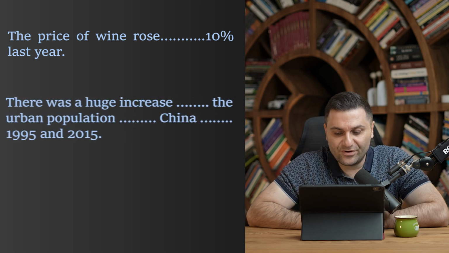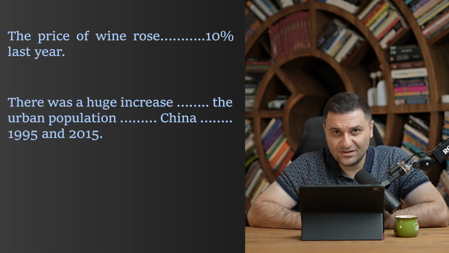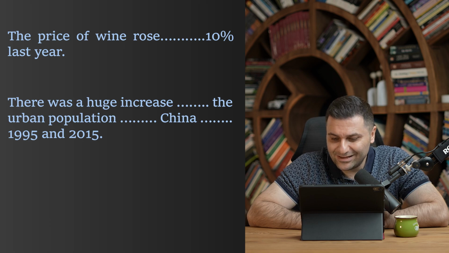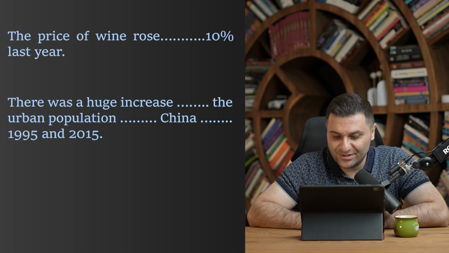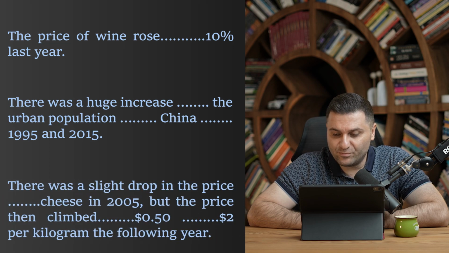Our second question: there was a huge increase blank the urban population blank China blank 1995 and 2015. And the third question: there was a slight drop in the price blank cheese in 2005, but the price then climbed again blank $50, again blank $2 per kilogram the following year.